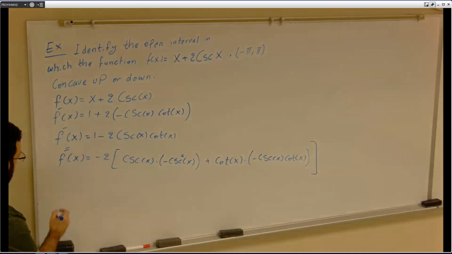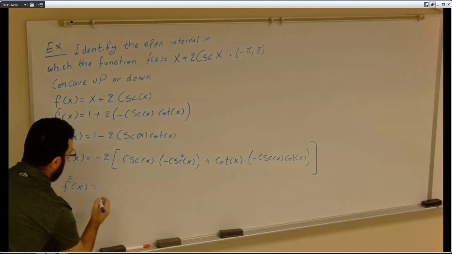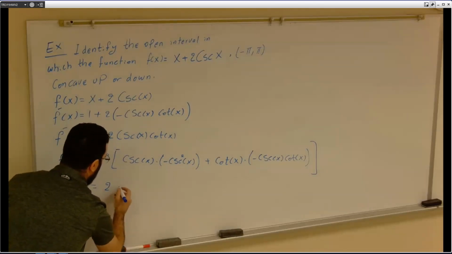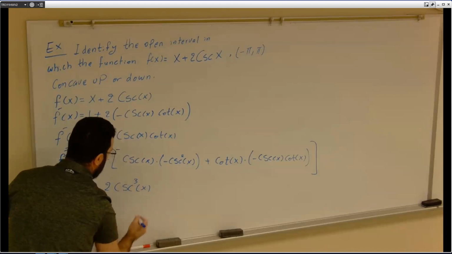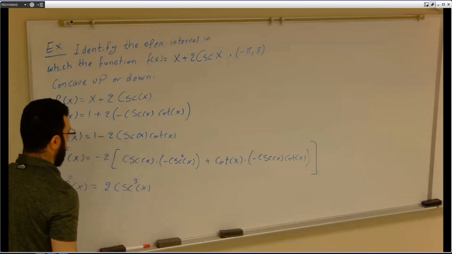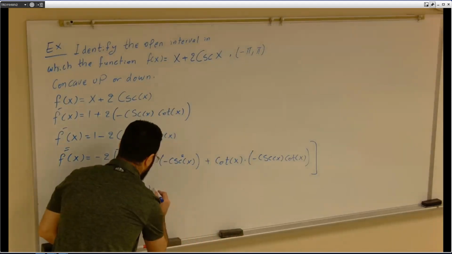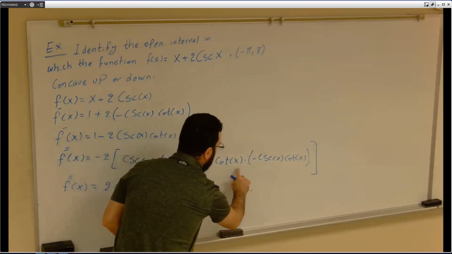Now let's simplify this one. f double prime of x equals -2 times the negative, so it's going to be 2 cosecant cubed x plus, minus, cosecant x cotangent squared.